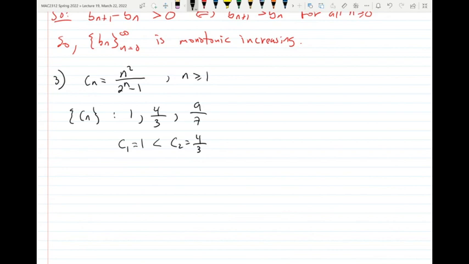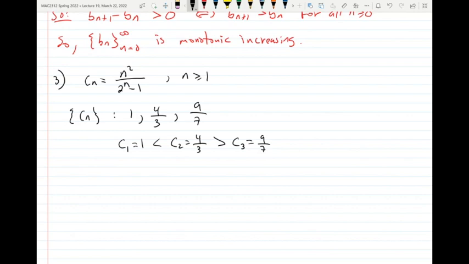So this number is bigger than this one. So it now went down. So 4/3 is bigger than 9/7. Notice that at the beginning the sequence shot up, then it went down.